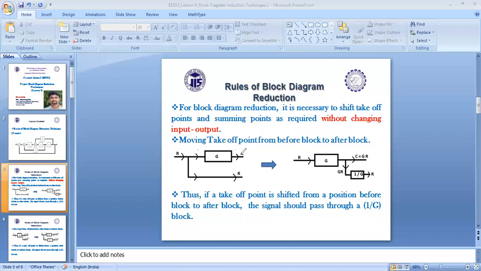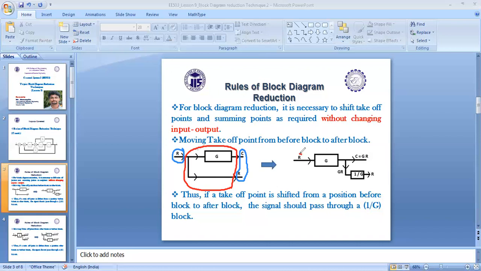So without affecting input and output, we can make any change in between. That means this output and this input should be unaffected. Without making any change in this output and input, we can change things in between the blocks.